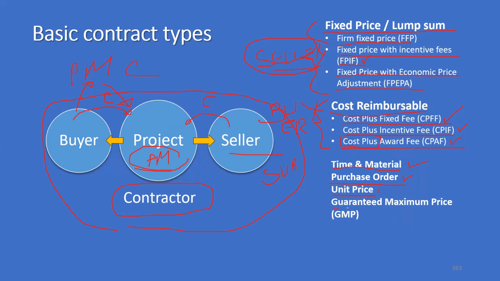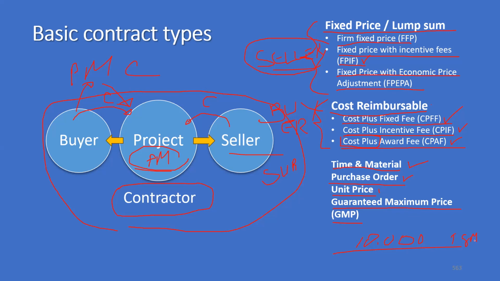Then another type of contract is guaranteed maximum price, that is GMP. It is a kind of cost plus, or it's kind of unit price. So here what happens is, now let us say you go with a time and material type of contract, then we say till $10,000, I'll keep paying you up to $10,000 on a time and material mode.